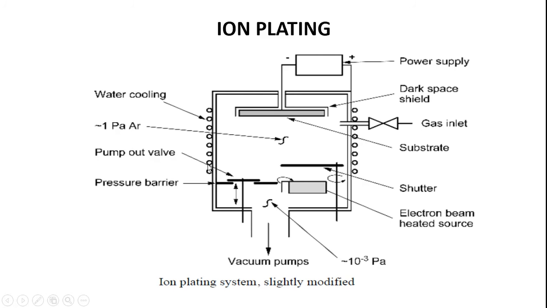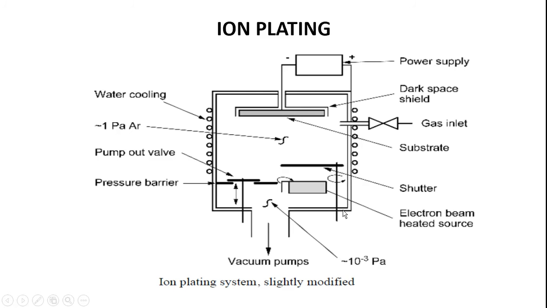So this is a pump out valve, to make the vacuum here and fill the argon gas at 1 millipascal pressure. This is the substrate over which the deposition has to be done, and this is a shield usually called a dark field shield.